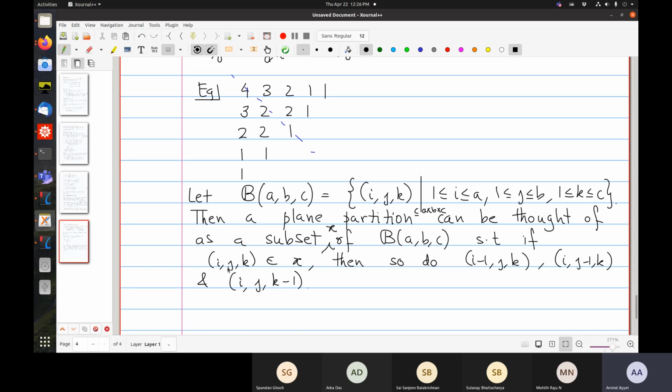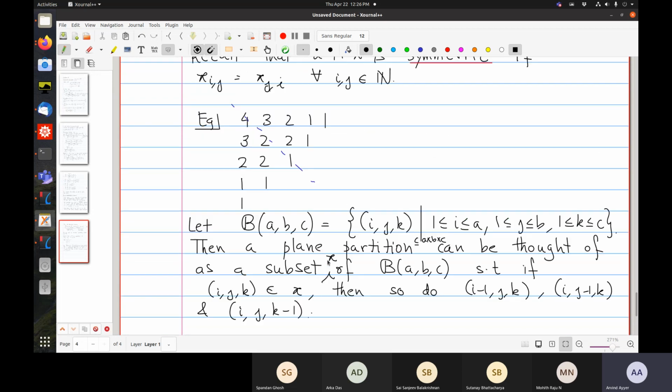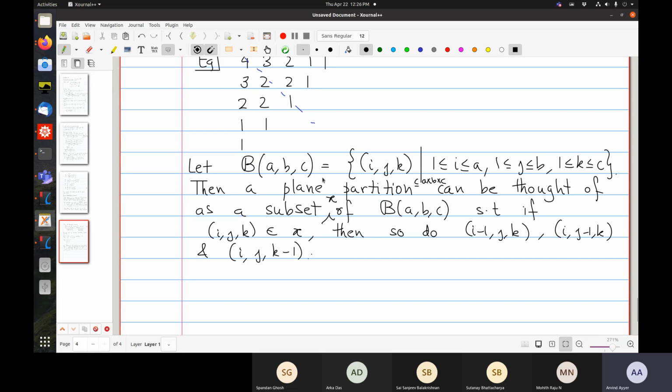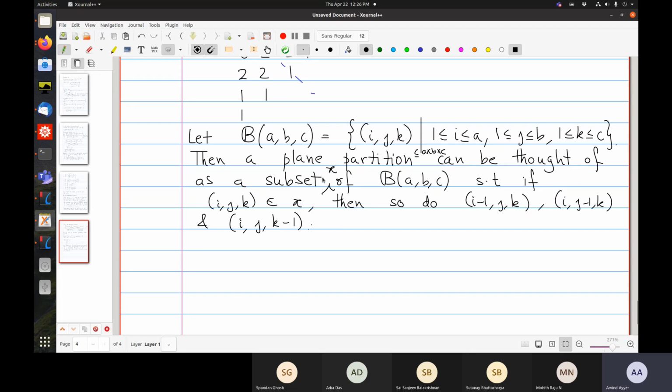For appropriate, if they are positive, if one of them is 1, then you look at the other two conditions. Right? So we are just thinking of the plane partition as a collection of boxes instead of as an array like that. Okay, is it completely clear?